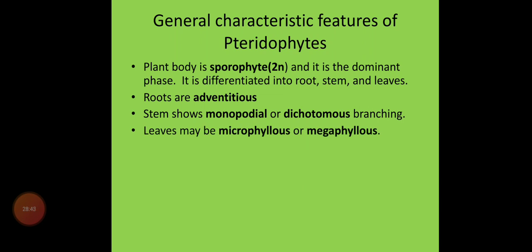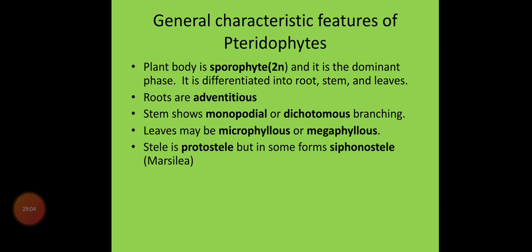In some pteridophyte plants the leaves are very small and tiny; they are called microphyllous. In others the leaves are large in size; they are called megaphyllous leaves. So the roots are adventitious, the stem shows monopodial or sometimes dichotomous branching, and the leaves may be microphyllous or megaphyllous.